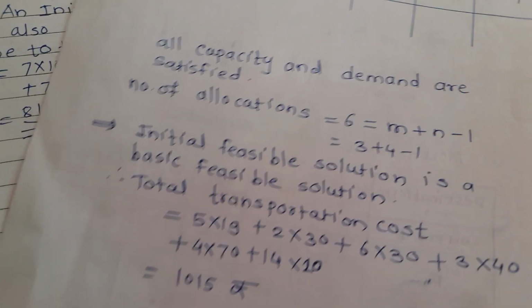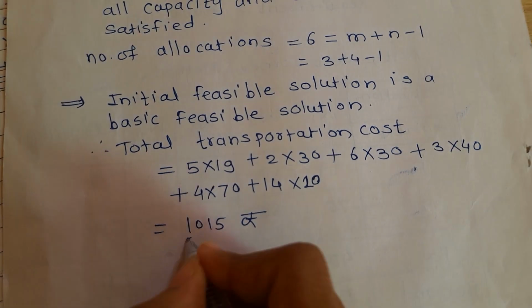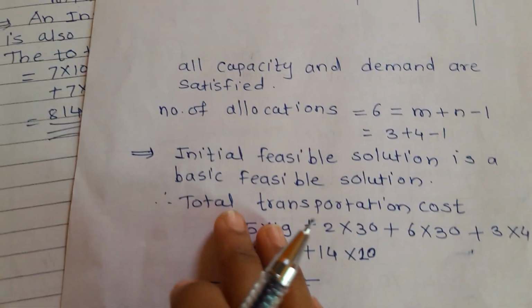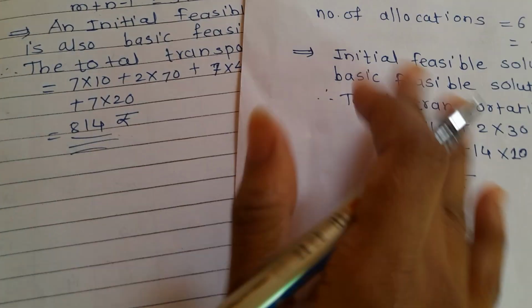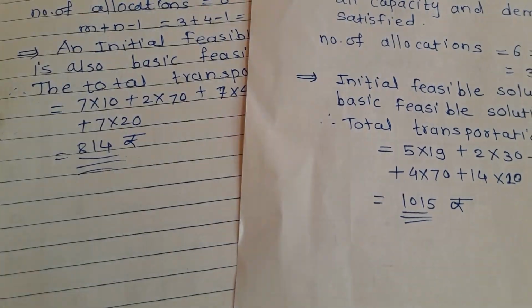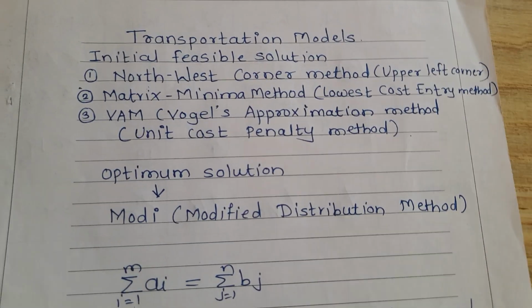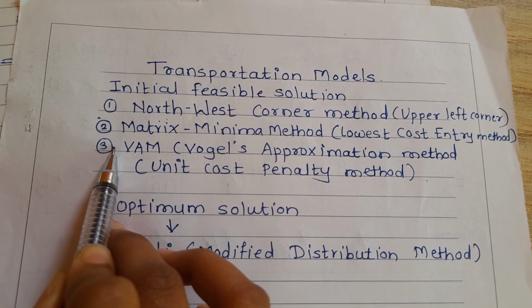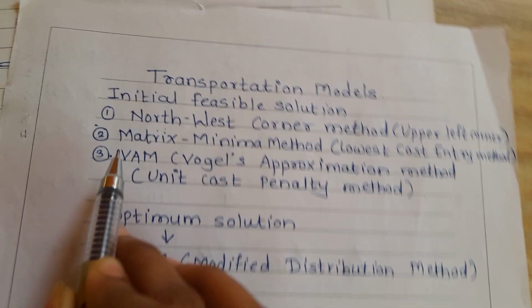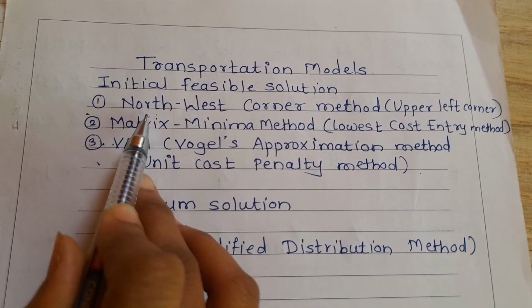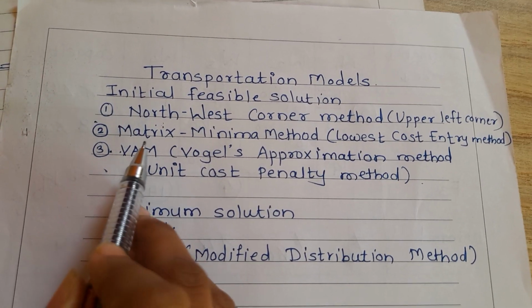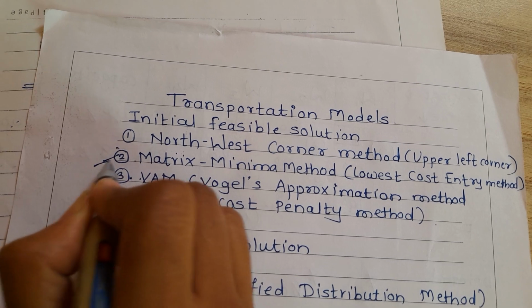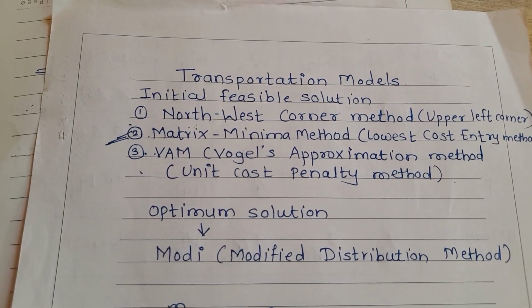Our transportation cost for the same example is 1015. And now with this matrix minima method, our cost is 814. Therefore, compared to the northwest corner method, the matrix minima method gives the lowest cost, and also the VAM method gives the lowest cost compared to these methods. Therefore, we get the minimum cost.